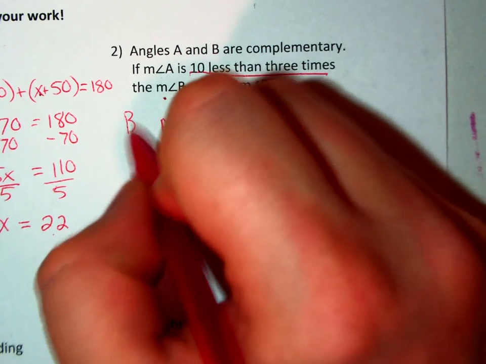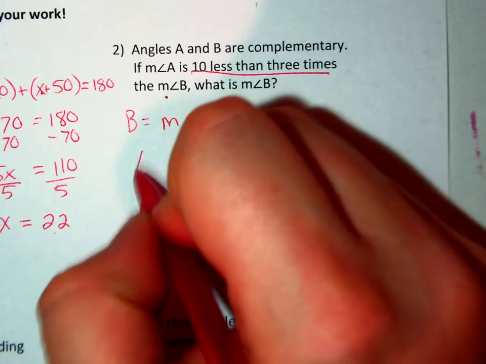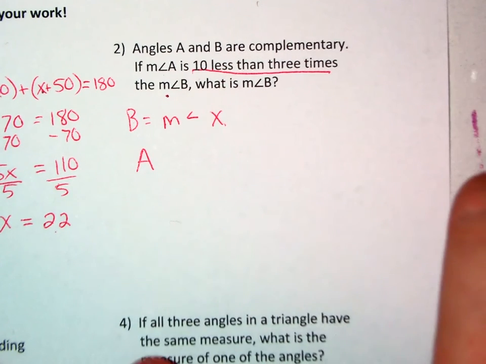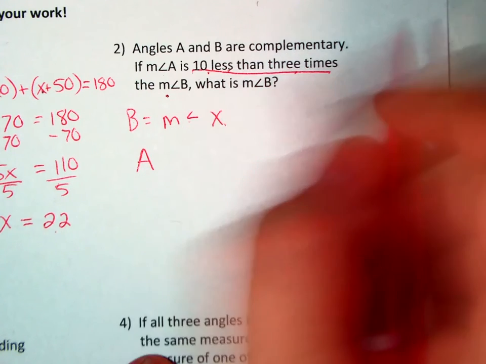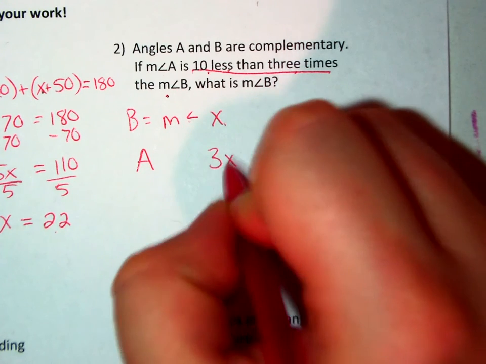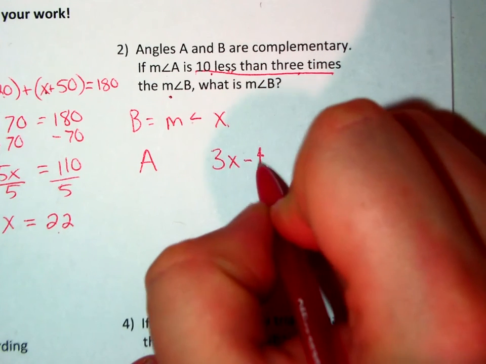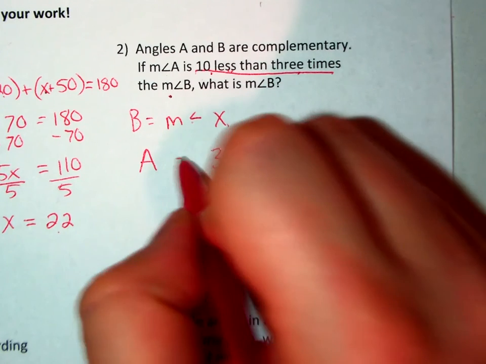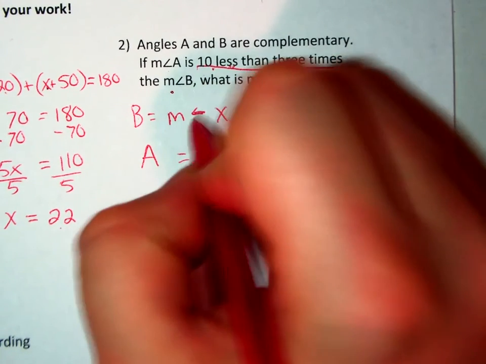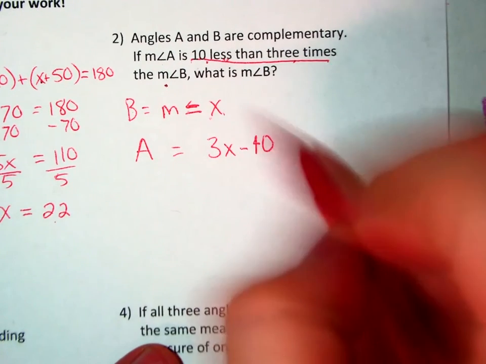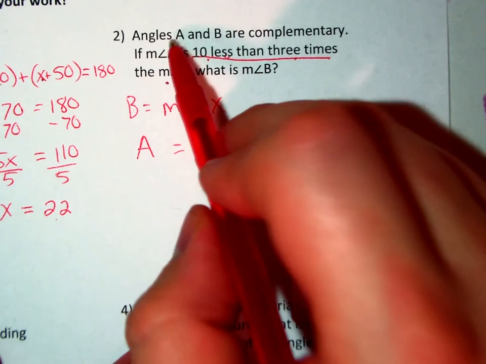So B's measure is equal to x. The measure of angle A, on the other hand, is 10 less than 3 times B. We start with B being x, so 3x, and then we take 10 away from that: 10 less than. Now we have two expressions, x and 3x minus 10, that we can use to solve.